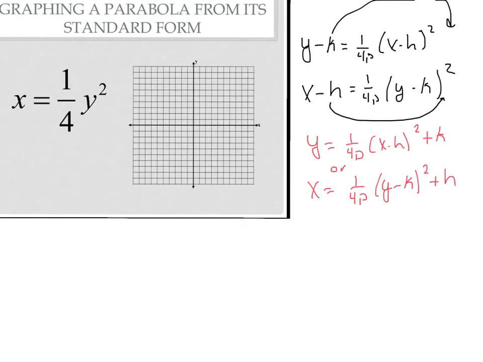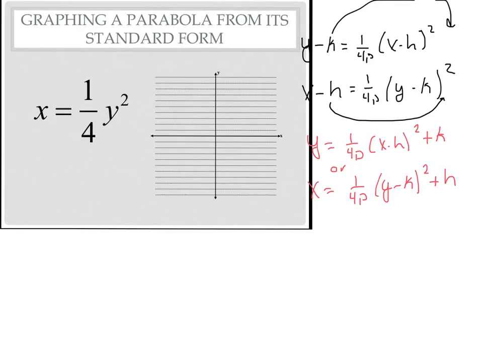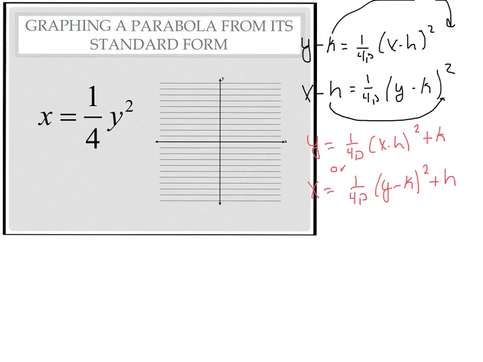So really, is it a y equal to or an x equal to? Well, we got an x is equal to. So if I know it's an x is equal to, I'm going to open to the left or to the right. I think it's important for you to identify right off the bat, how am I opening? Because this is an x is equal to, I'm going to open left or right.